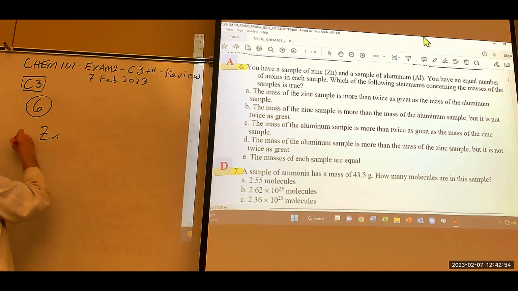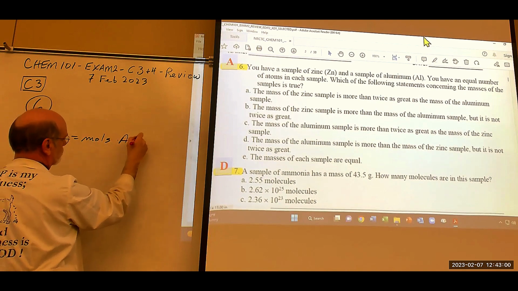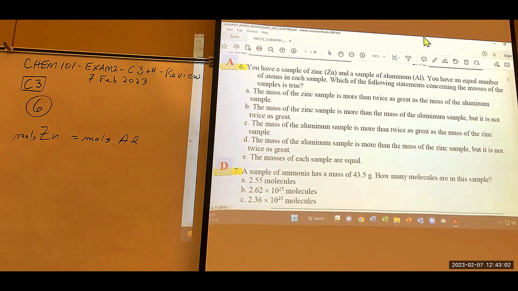So the moles of zinc equals the moles of aluminum. Exactly the same number of atoms. Which of the following statements concerning the masses is true? Well, let's say, what would the masses be? We can say 1 mole of this is 1 mole of that, if we're just doing a comparison.